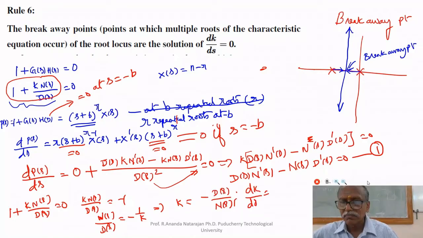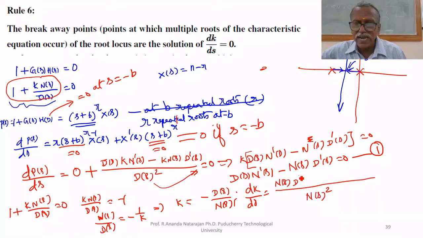dk by ds equal to n of s square, n of s d dash of s, d dash of s is in the numerator, minus d of s n dash of s. One minus sign is there. That is equal to 0.